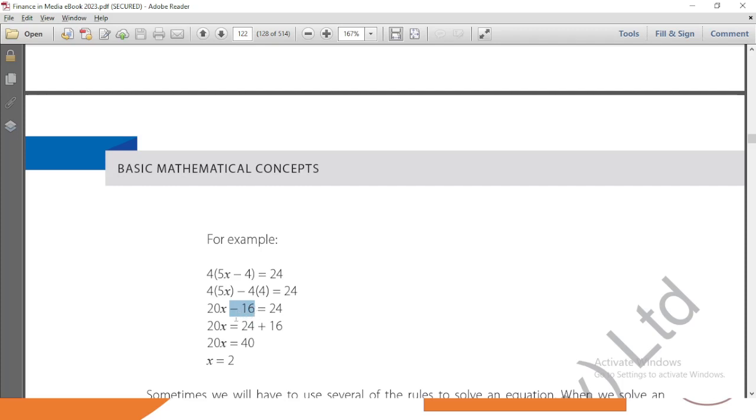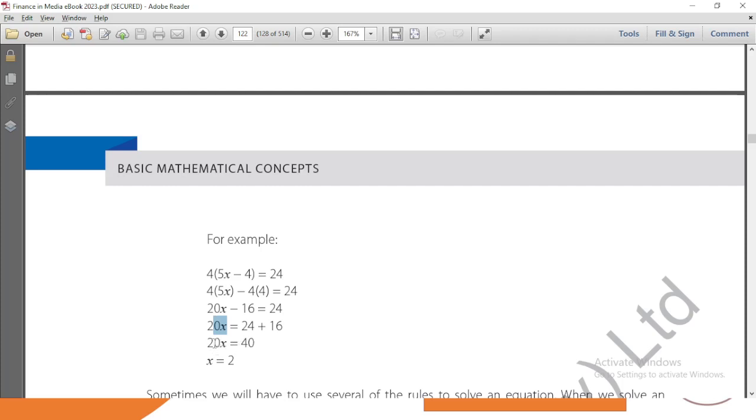Once we do that, the minus 16 on the left side will be cancelled and we'll only be left with 20x. On the right side, we're going to have 24 plus 16, since we have cancelled the negative with the positive. So 24 plus 16 leads us to 20x equals 40.